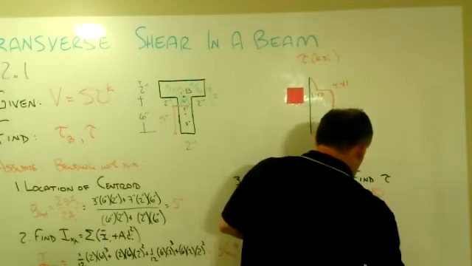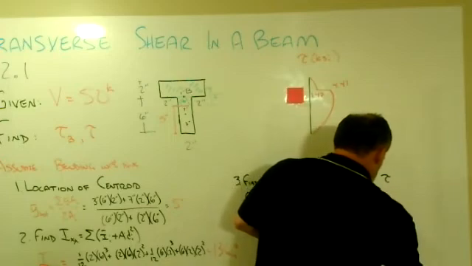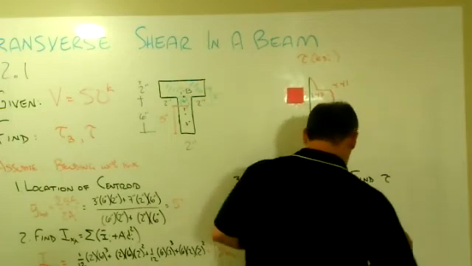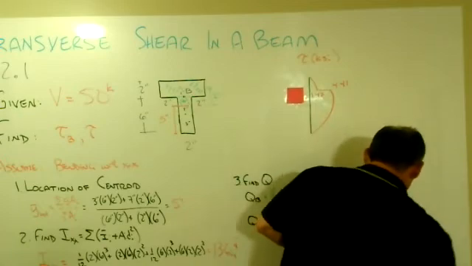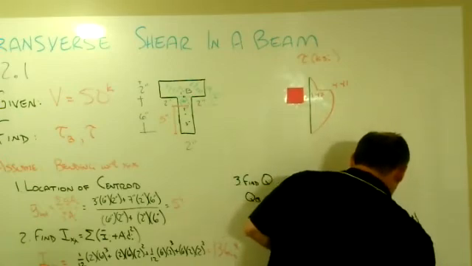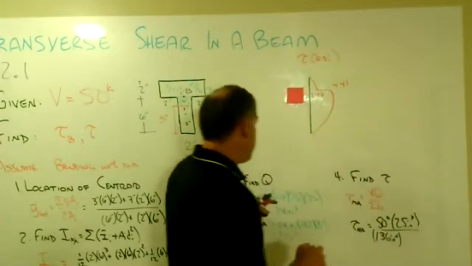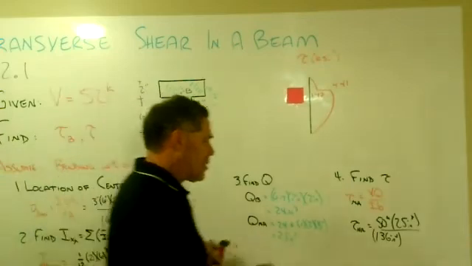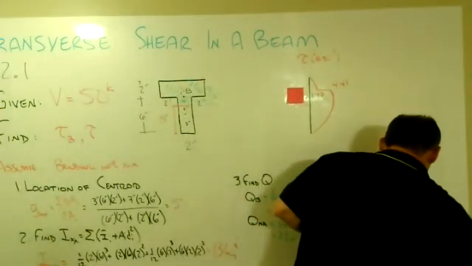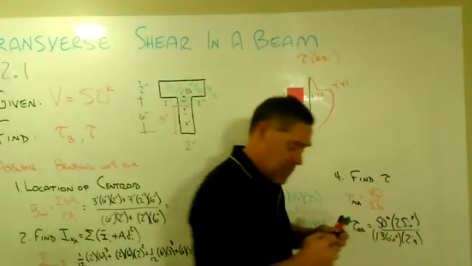So now let's go for there. And tau at the neutral axis, 50 kips times our Q value that we determined for that, 25 cubic inches for the neutral axis, divided by the I value of 136 inches to the fourth, and then the B at the neutral axis, which is right here at the centroid, well, that was the 2 inches. Right? So this is going to be real close to tau B in the stem.